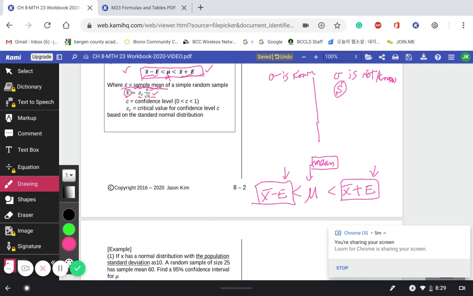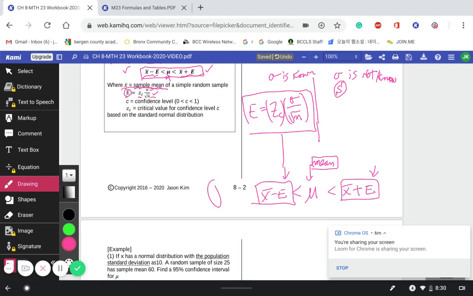So when sigma is known, the E, the margin of error, would be Z of C, the critical value, multiplied by the standard deviation and divided by the square root of n. N is the size of the data, as you know. So we're going to use this to find E values. Okay, so let's do that.